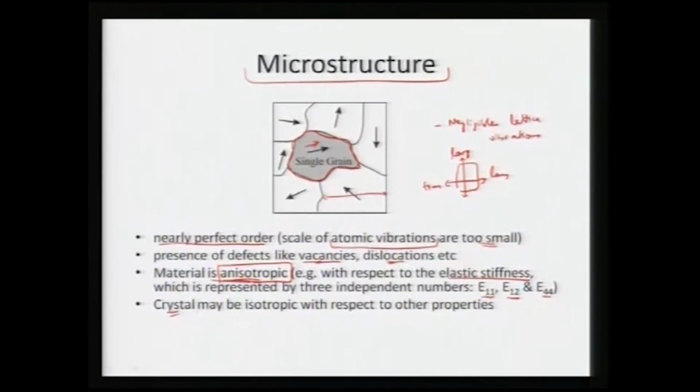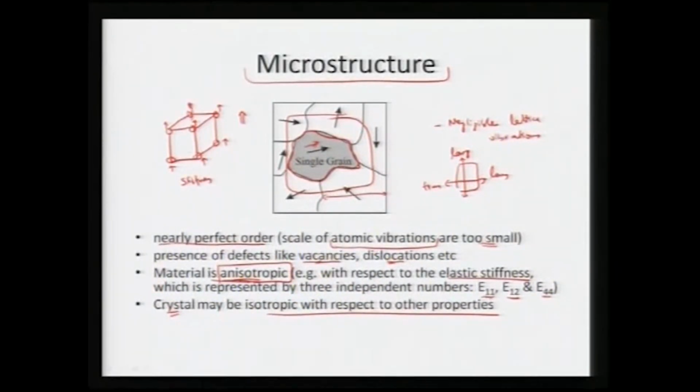But the crystal might be just isotropic with respect to some other properties. It might have domains in a particular direction, but on average a crystal might have certain magnetic domains which are all aligned parallel, directing upwards. So, it has a certain magnetism along this direction, but properties such as stiffness might be the same in all three directions.